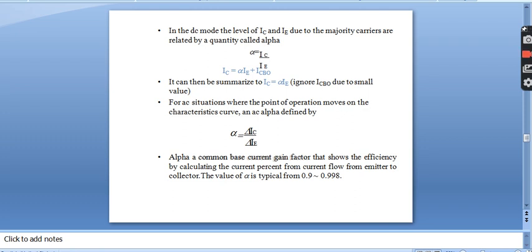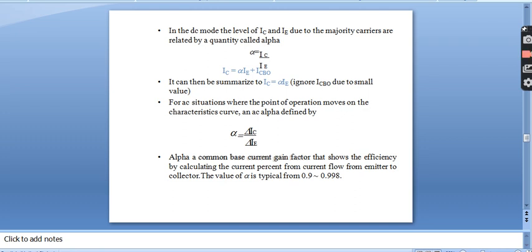That is again output current to input current. Alpha is the common base current gain factor that shows the efficiency by calculating the current percent flowing from the emitter to the collector.